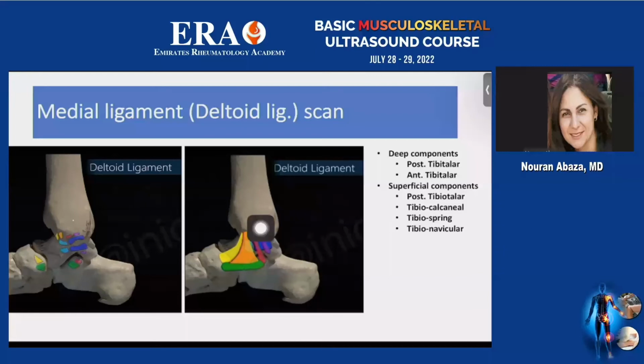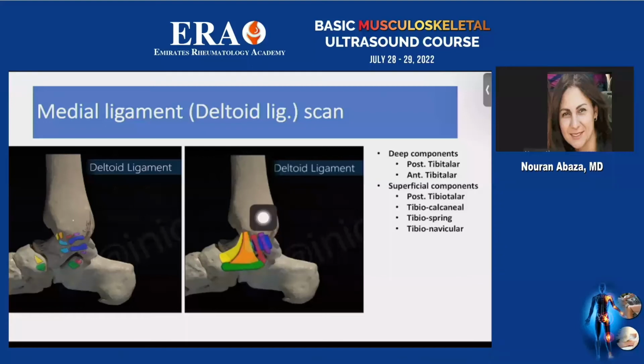Then you have the tibiocalcaneal part, which is the red part. And then you have the orange part, which is the tibio-spring ligament. This green part is the spring ligament.